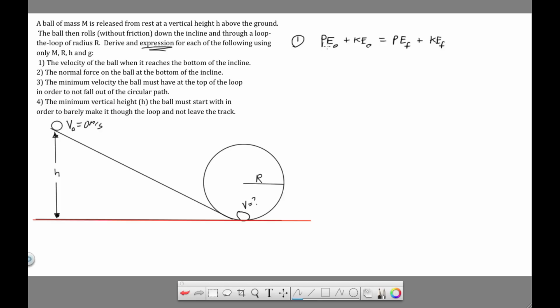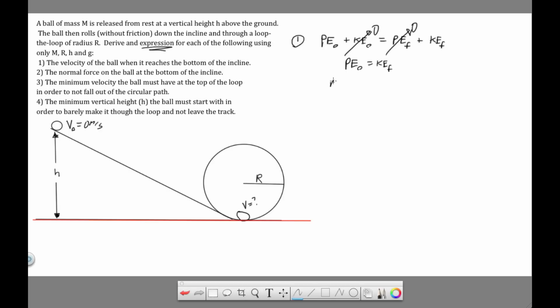We do have potential energy initial. The ball starts above the 0 point. There is no kinetic energy initial because the ball starts at rest. Then the ball goes down the hill. Down here is our final. There is no potential energy final because the ball's on the 0 point, and we do end with kinetic. So potential energy initial equals kinetic energy final.